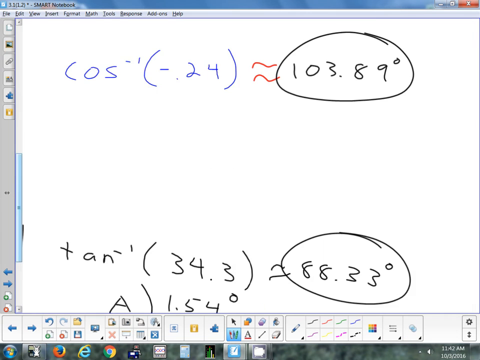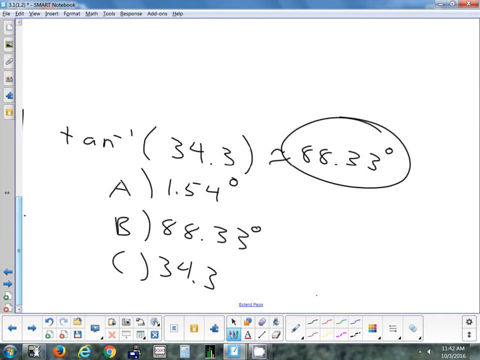Which answer is correct there? B. Okay. Which answer is correct now? A. All right, so you have to pay attention to whether your answers are in radians or in degrees.